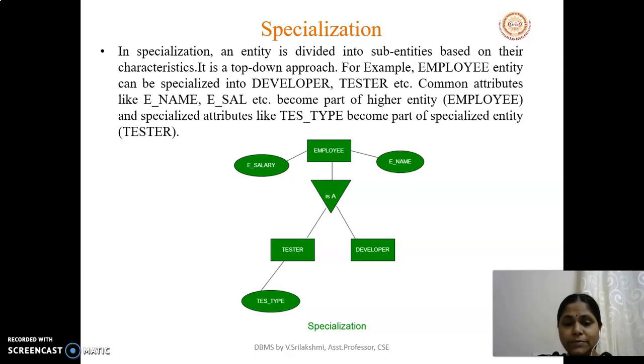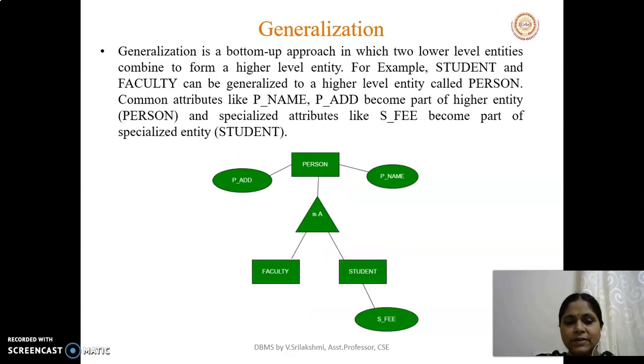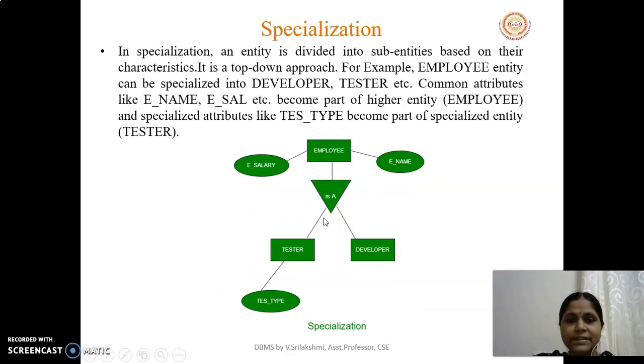There can be many types of employees, not only tester and developer, but in this case they are specialized into developer and tester. So if we observe, the ISA relationship in generalization is in this direction, that is from the bottom towards the top. Here we can see the ISA relationship symbol. Whereas in the case of specialization, the ISA relationship is from the top to bottom.